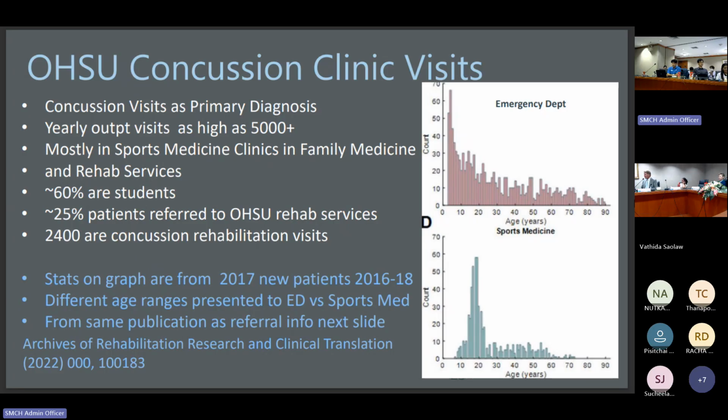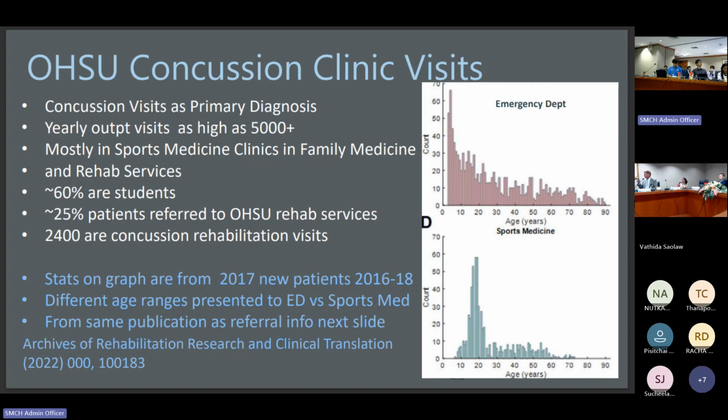We have had as many as 5,000 patients a year. We have a few less providers now, so we don't see quite as many right now. 60% of them are students in that age group. 25% of our patients we send to rehab services, and now I think it's maybe slightly higher because of the acuity that we see. Many of the visits are actually in the rehab department, and it keeps things pretty busy.